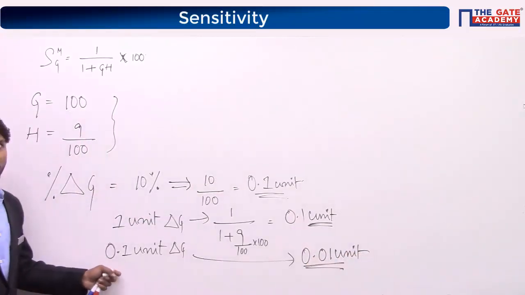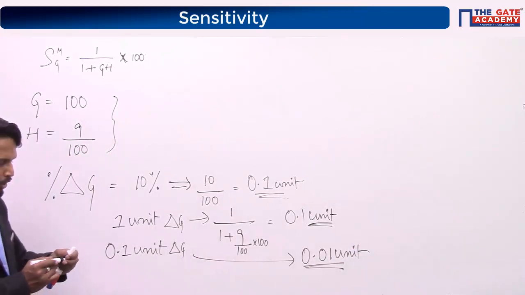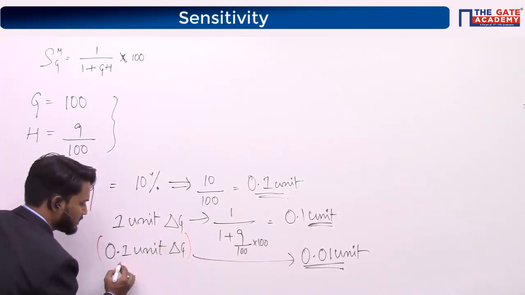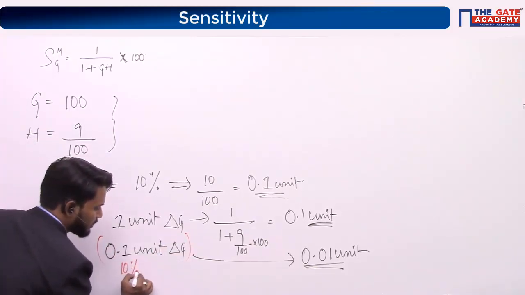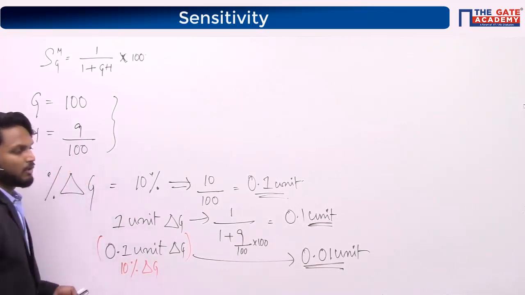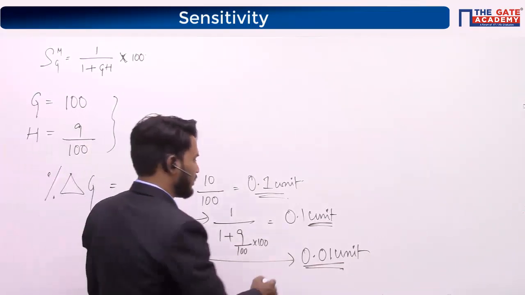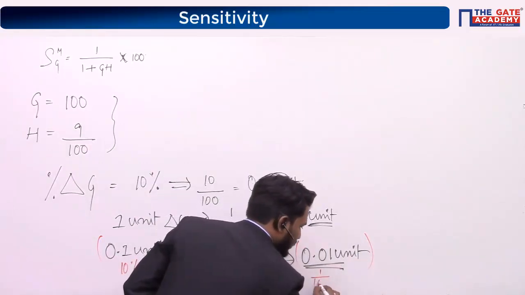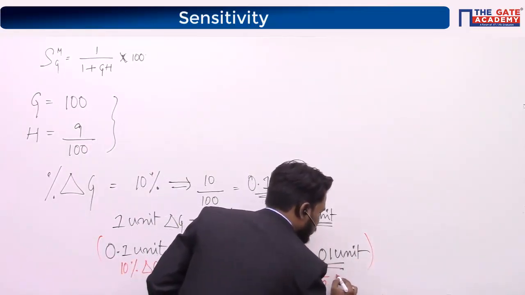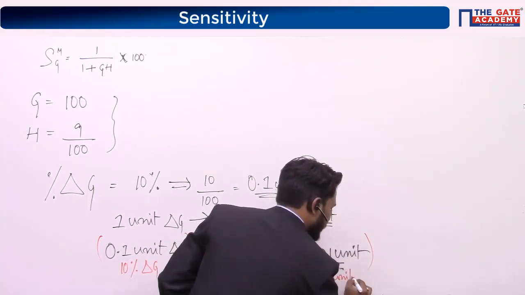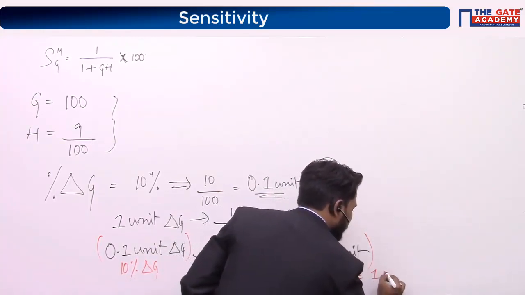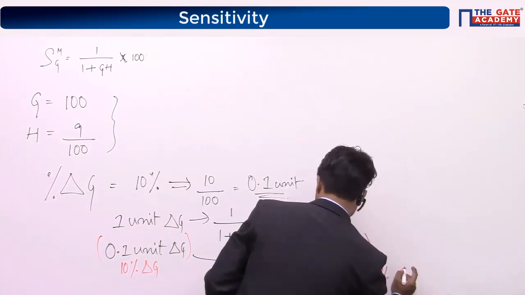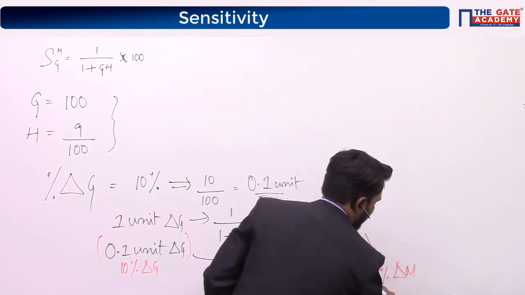Right? 0.1 unit change in G is equal to 10% change in G. For 10% change in G, there will be 0.01, which means 1 by 100 units, that is equal to 1% change in M.